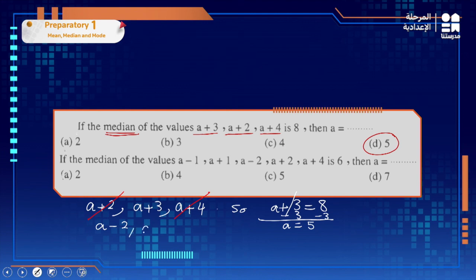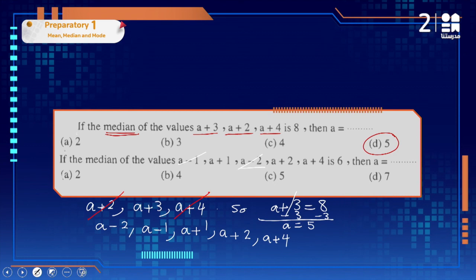Then a minus 1, then a plus 1, then a plus 2, and a plus 4. Then cancel left and right.